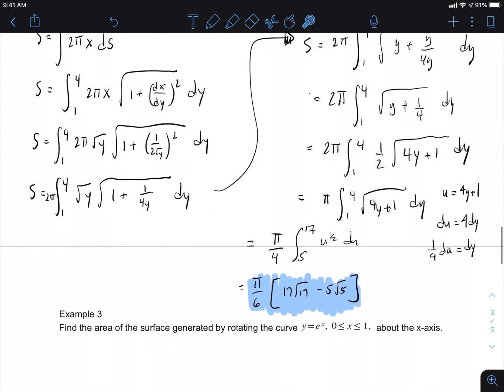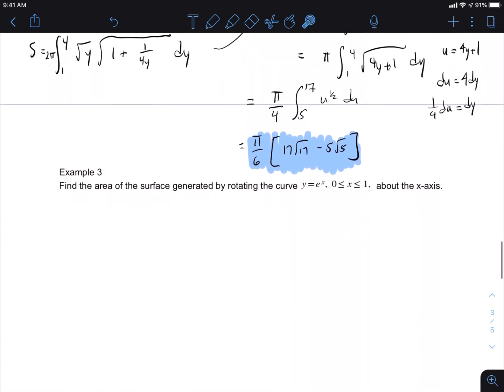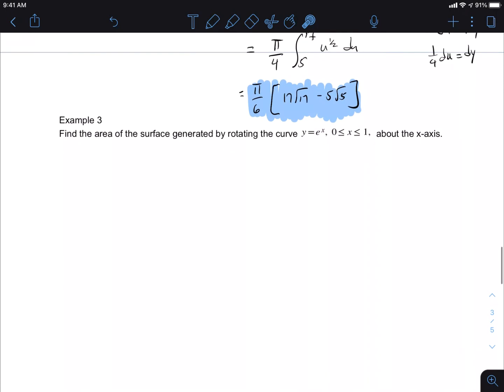Okay. All right. So far with the first two, I provided you with pictures from the book. This third one, I'm not going to give you a picture, and so we need to be able to graph it, correct? So we see that the bounds are from 0 to 1. So our ds is going to be in terms of what?